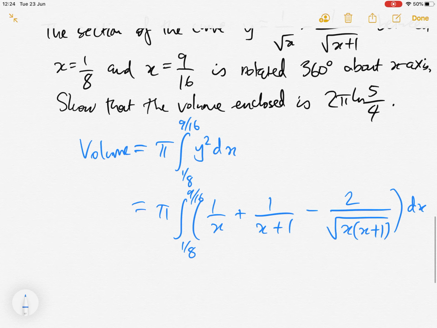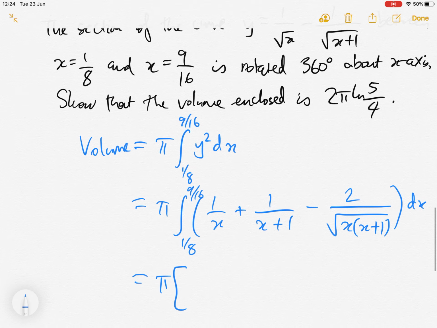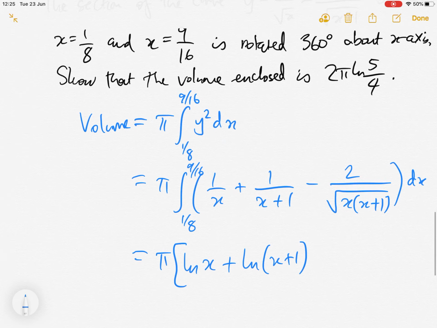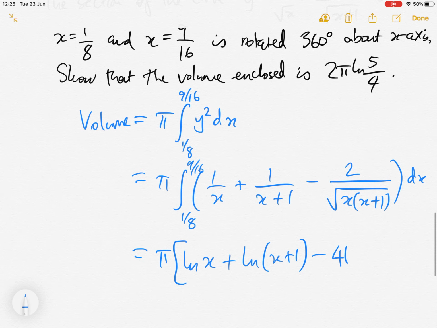And then we know integral of 1 over x is natural log of x. And we don't need to bother about modulus here because we know x is positive. And then for this last integral, we're going to use what we've just done. So by what we just did, this is minus 4 natural log of root x plus 1 plus root x.